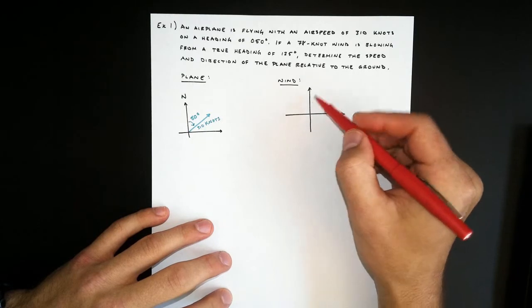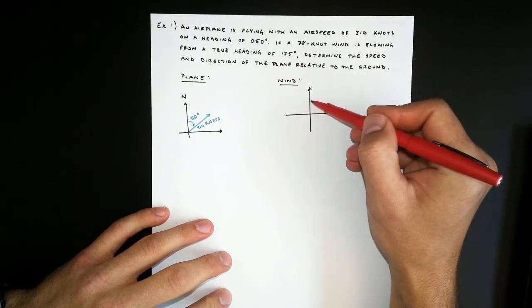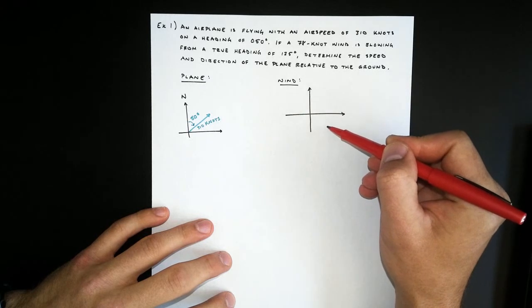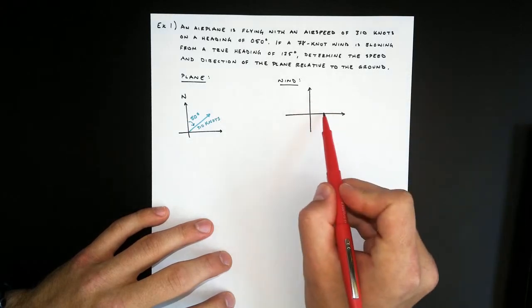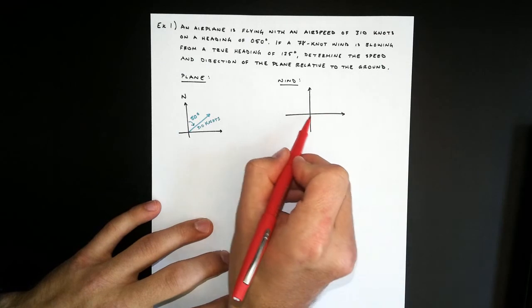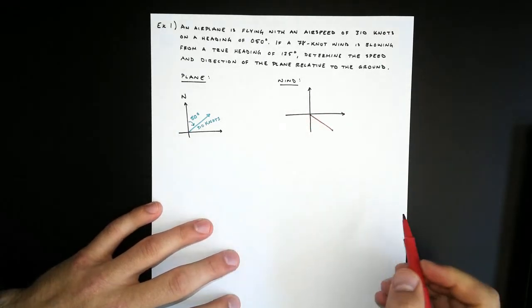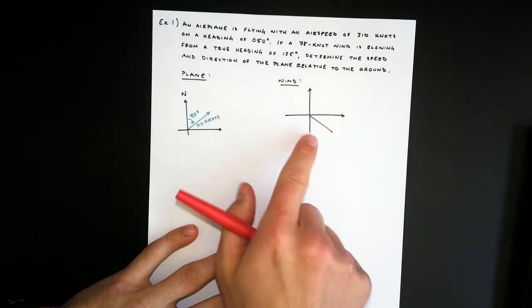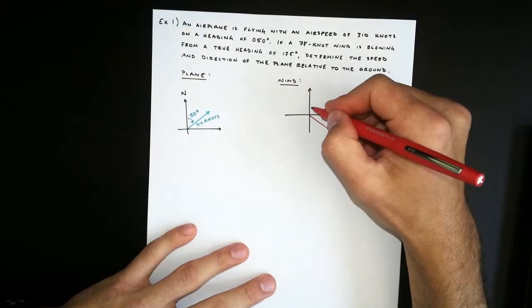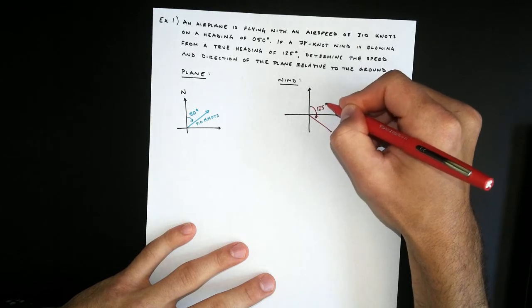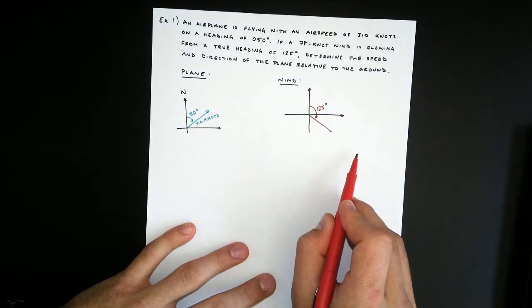So again, true headings, we start from north, and then we're going to rotate 125 degrees clockwise. So this is 90, and then we need another 35. So maybe like this. Now, this angle is 125 degrees, but that's not the direction my wind is heading.